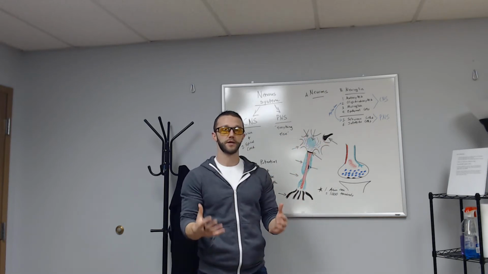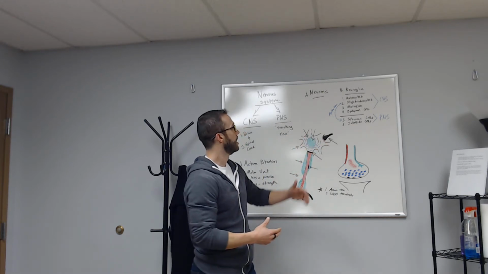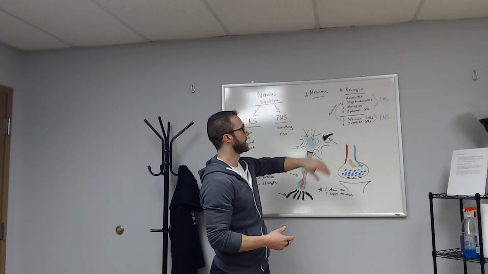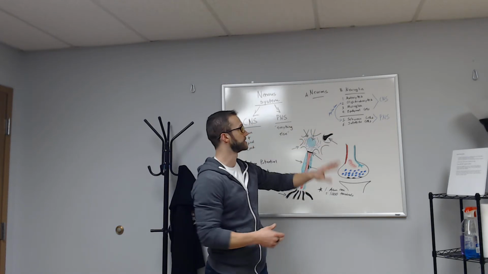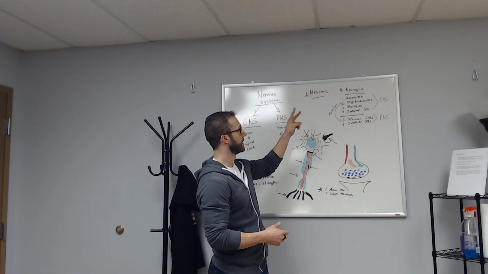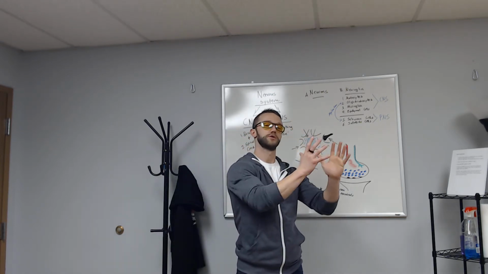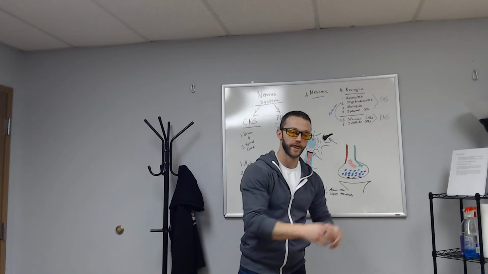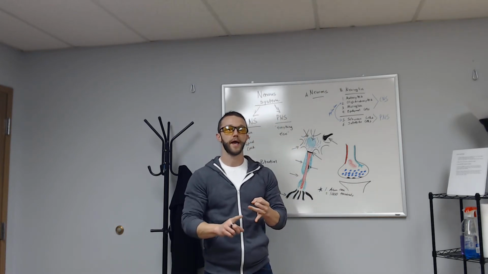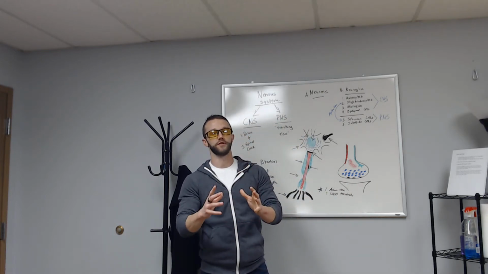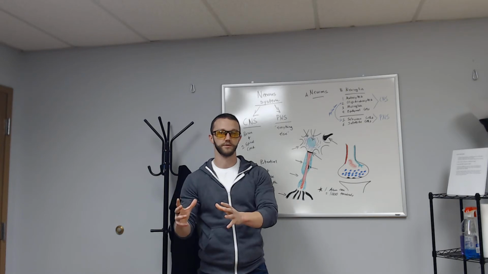So the 6 types of neuroglia that you need to know are 4 that are related to the CNS and 2 that are related to the PNS. Astrocytes, oligodendrocytes, microglia, and the ependymal cells. All of those are central nervous system specific. The other 2, Schwann cells and satellite cells, are specific to the peripheral nervous system.